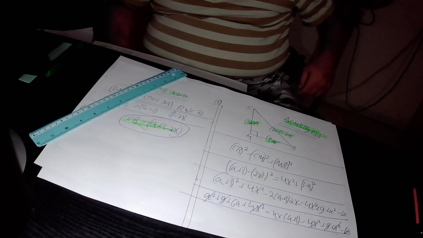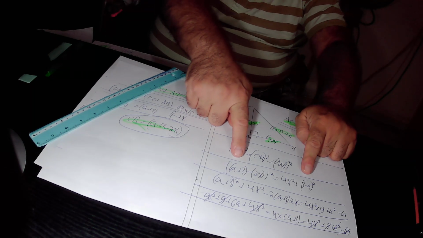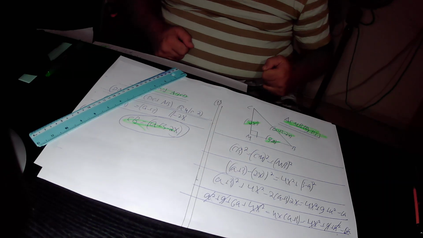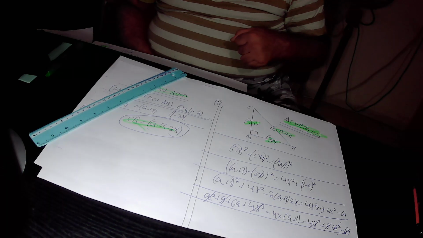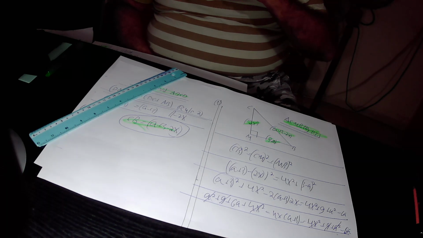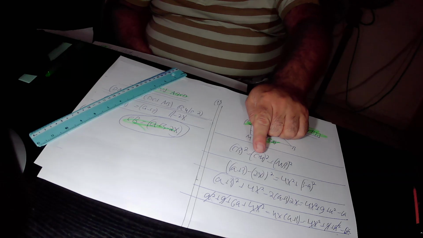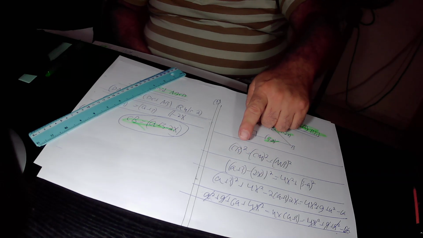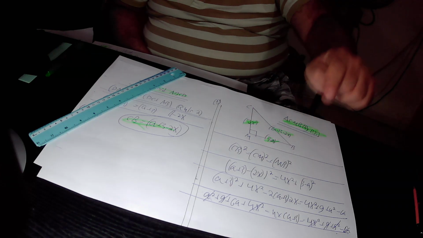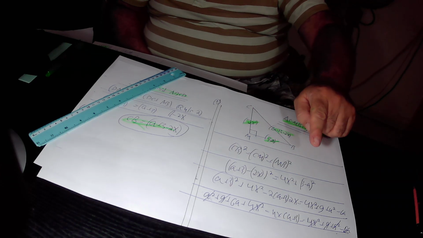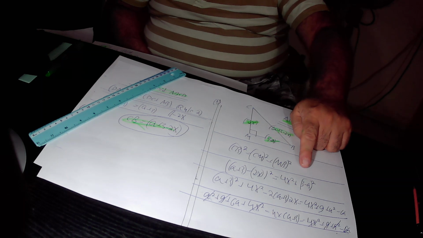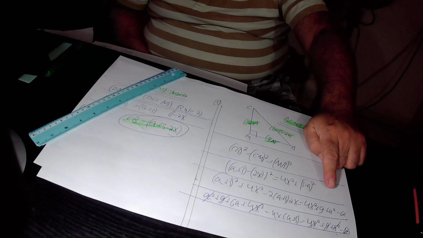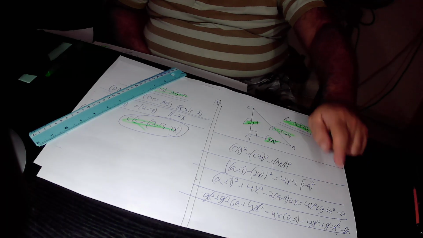We open the brackets on both sides of this equation according to the algebraic identity that states that a minus b squared equals a squared plus b squared minus 2 times a times b. According to this identity, a plus 3 minus 2x squared equals a plus 3 squared plus 2x squared, that is 4x squared, minus 2 times a plus 3 times 2x. On the other side we have 4x squared plus 3 minus a squared, and 3 minus a squared equals 3 squared, that is 9, plus a squared minus 2 times 3 times a, that is minus 6a.